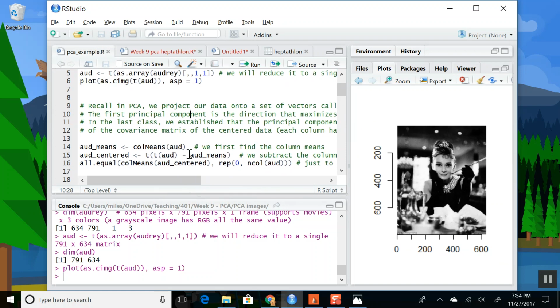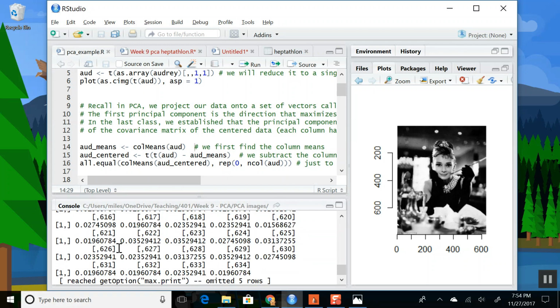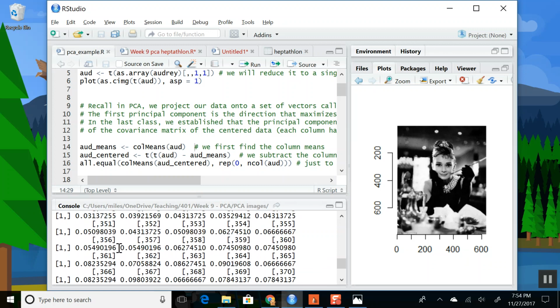Okay, so what we're going to do is find the column means. If we look at the head of this, it gets truncated.